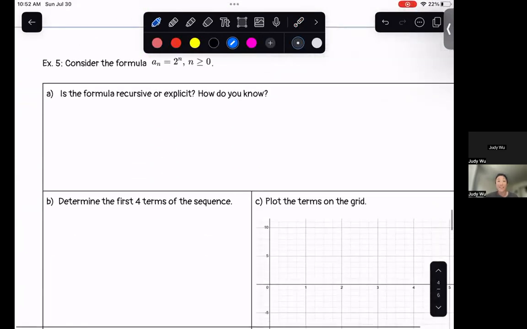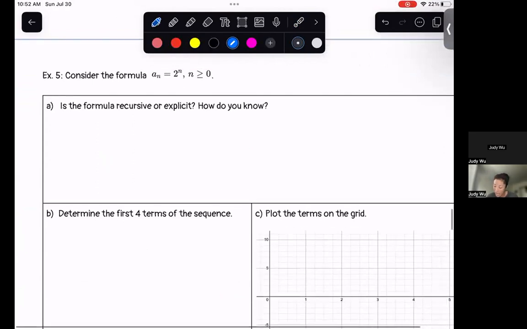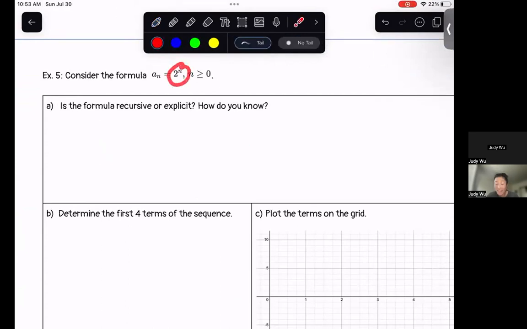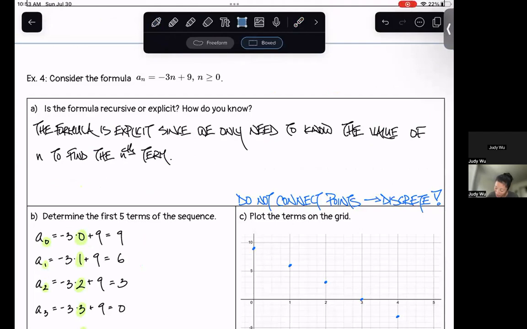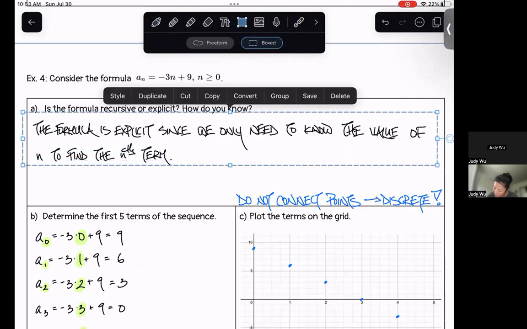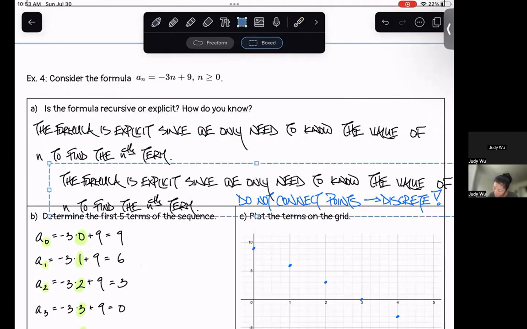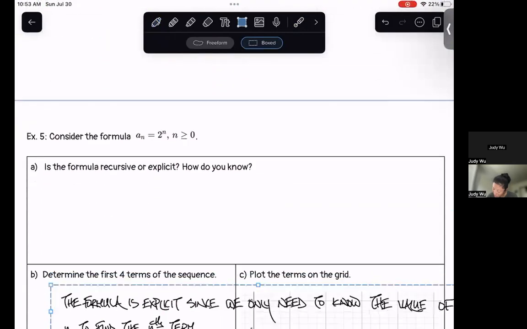Let's go ahead and try example 5 now. So consider the formula a sub n equals 2 to the n, where n is greater than or equal to 0. Is this formula recursive or explicit, and how do you know? I hope that we see again, there's only n's on that one side. So to save us a little bit of time, I'm going to copy what I had written up here and plop it right in this box.